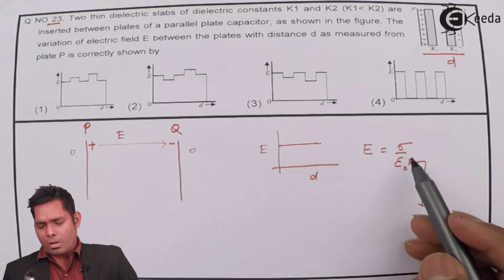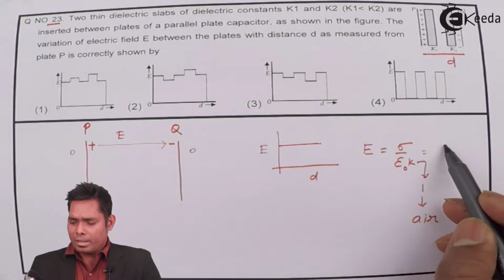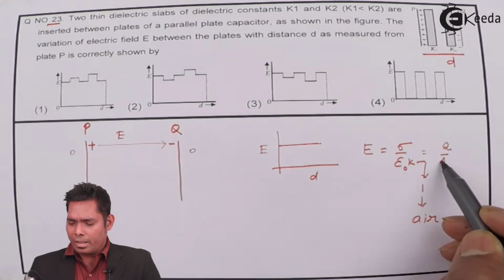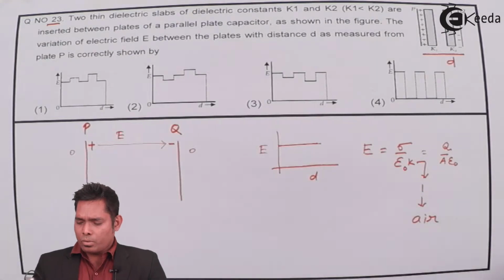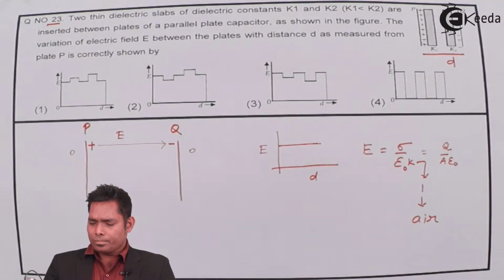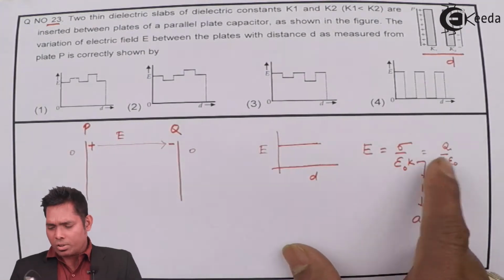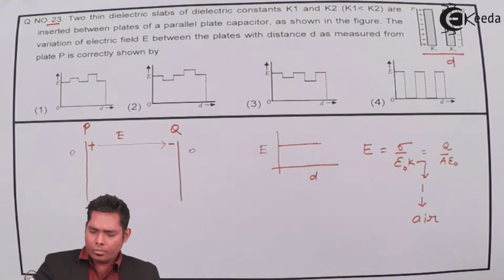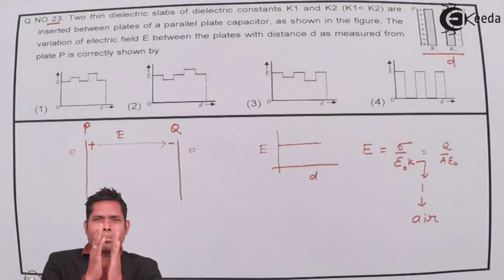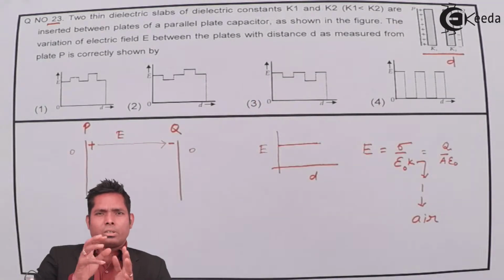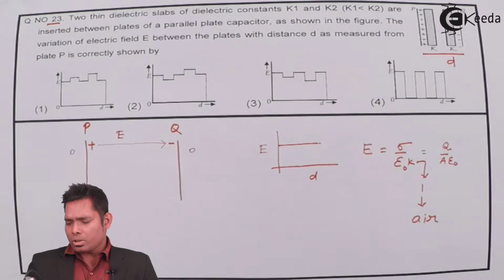So sigma upon epsilon naught, and sigma is Q over A. So everything is constant here. Within the plates of the capacitor, the electric field is always a constant.